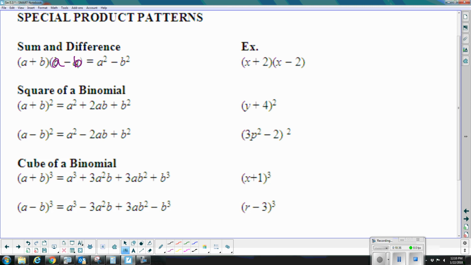It should actually be the quantity a minus b; using those variables is how that rule should be set up. It equals a squared minus b squared.